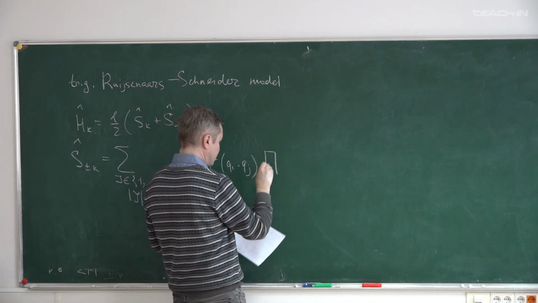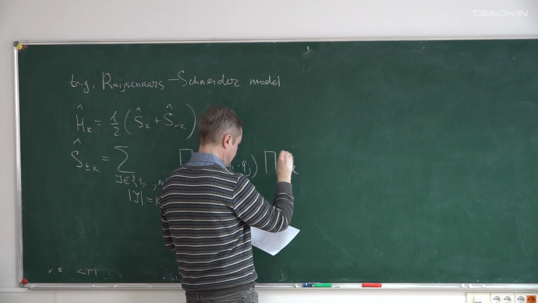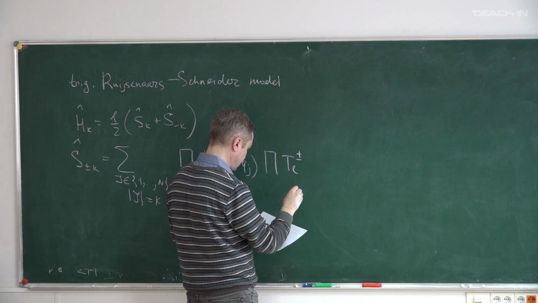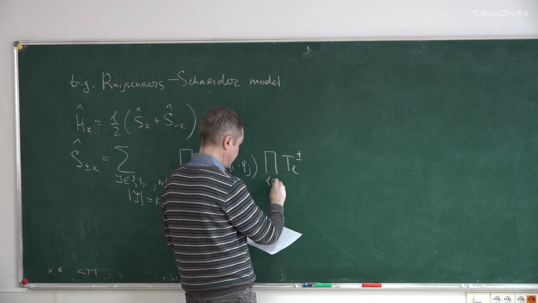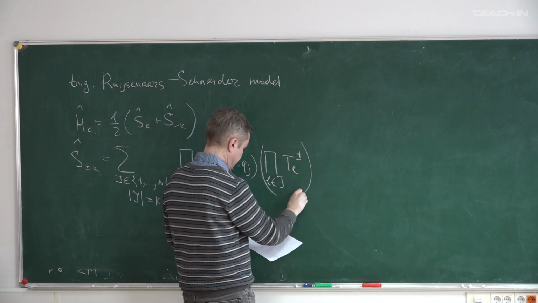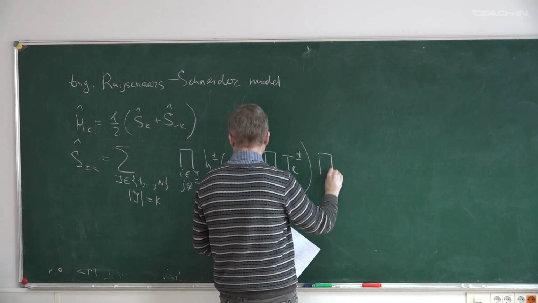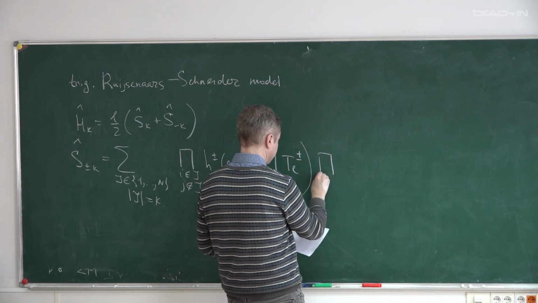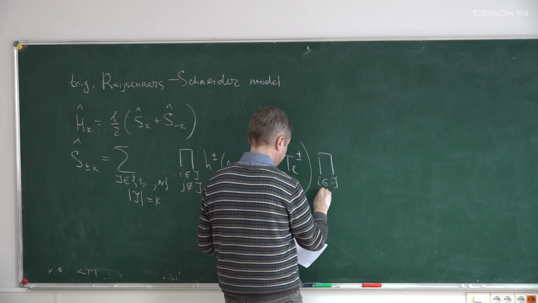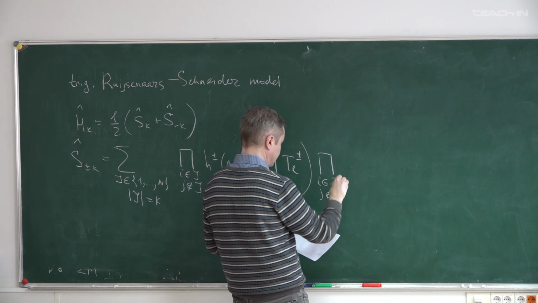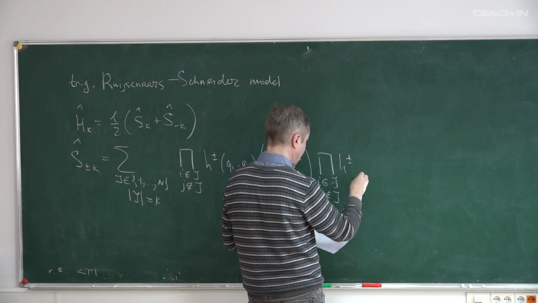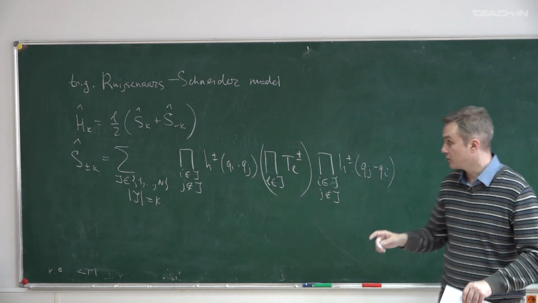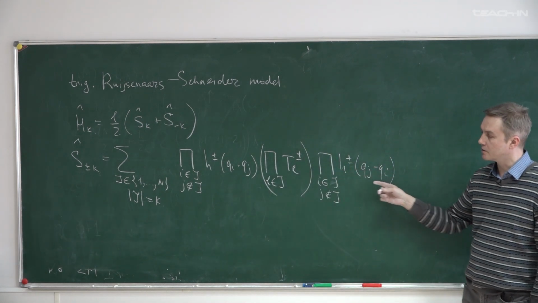Then here we have a product of some operators, which are difference operators, and I will explain how they act. And finally, again the product of the same functions, but now the arguments are qj minus qi instead of qi minus qj.